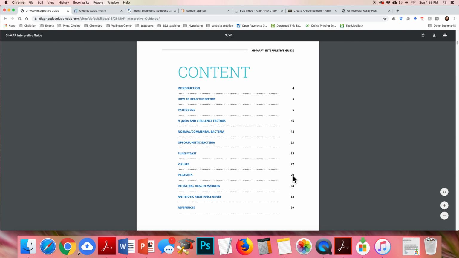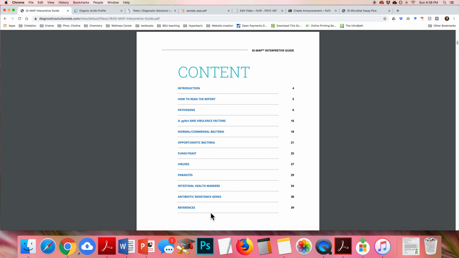So these are some of the things that can be looked at. I'll give you an example. The patient that I talked about in the previous video who had cobalt toxicity was actually treated for ulcers, but he never had an H. pylori test, which is oftentimes the cause of ulcers, and he has really high levels of anxiety.